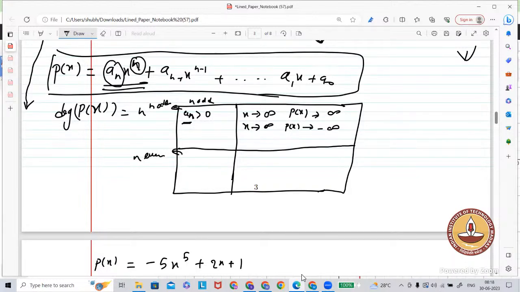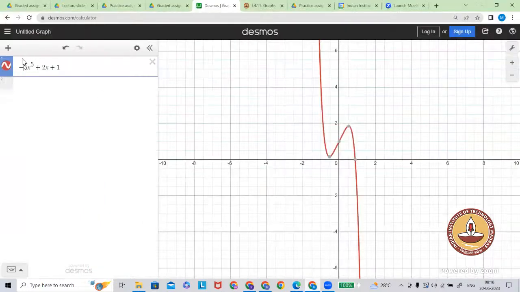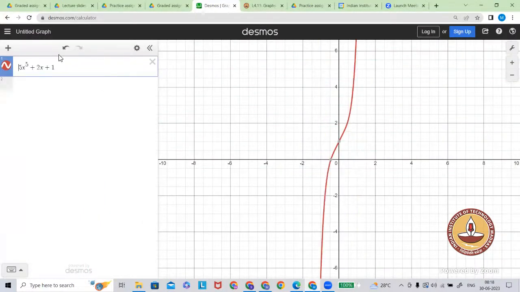Here is only the positive we discussed, and I made here negative also. So let's say this one is the polynomial we have. Till now we didn't discuss this one. So positive and odd degree. See that this is odd degree and positive, we discussed.